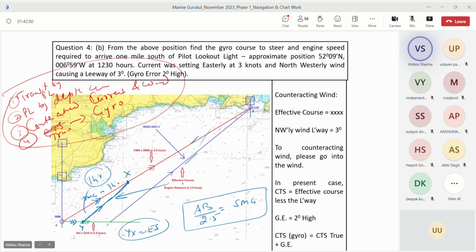In this question, engine speed was obtained by dividing distance CB along this line by 2.5 hours. Here you got XY directly as engine speed, but there you have to measure AB and get this point X. So whichever way you want to do it, you are at liberty.